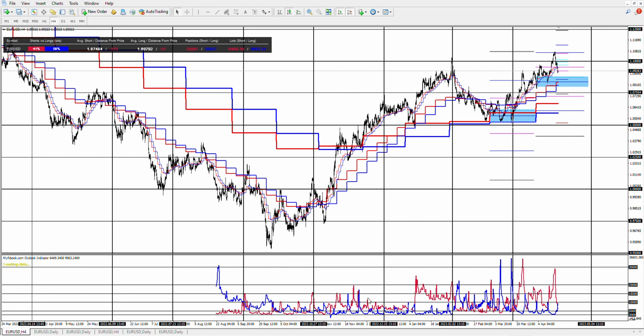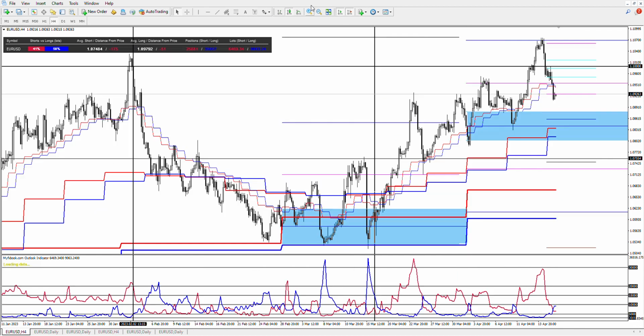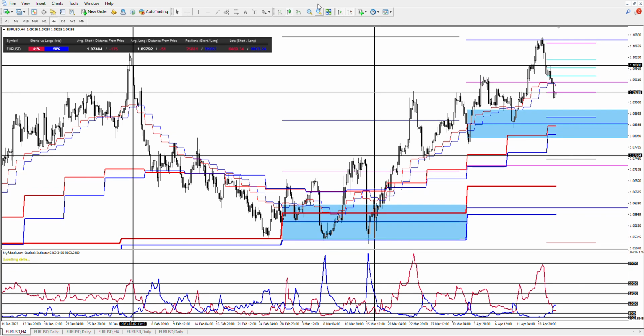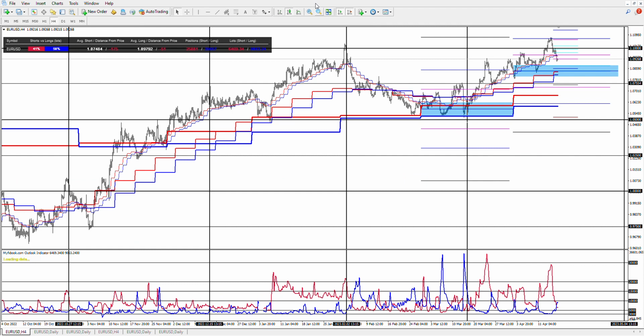At the bottom you see my Myfxbook outlook indicator. This is sentiment data in there, and as you see, it's not hard to guess that we will be going up, because if you look down at the Myfxbook sentiment, you see that the blue line, all the way since October, their home was between 3,000 and 5,000 lots.